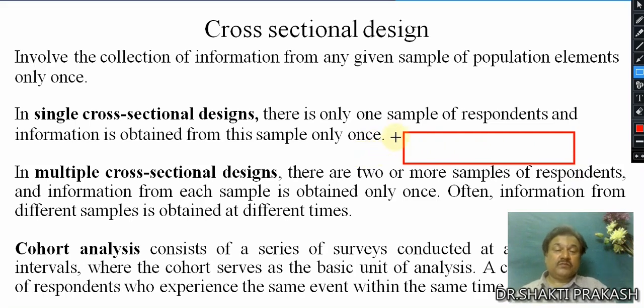Like this is one year, 2020, and here your respondents suppose 1000. There is only one sample of respondents, and information is obtained from this sample only once. Once means in a particular year.